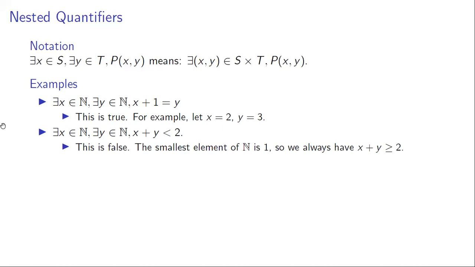So no matter what you have for x and y, let's say you even say x is 1 and y is 1, right? You can have both of them be 1. But if you do 1 plus 1, it's going to be 2. That's not less than 2. So you always have that x plus y is going to be greater than or equal to 2. So it is false to say that there exists an x and a y such that x plus y is less than 2.